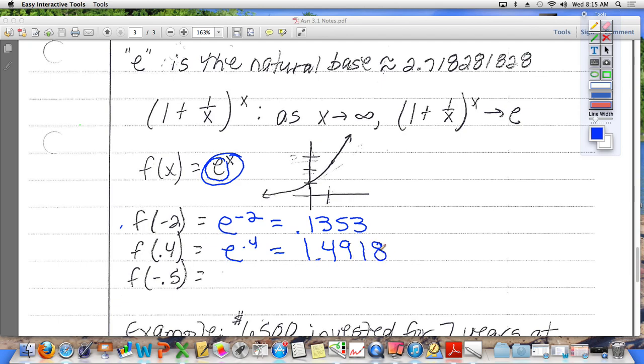And I don't necessarily need you to give me 4 numbers after the decimal all the time. If you give me 2 or 3, I'm fine with that. f of negative 0.5 just means you put e to the negative 0.5 power. What do you get? 0.606. All right, thank you. So, probably not a big deal. All you're doing is pressing second ln and then raising it to a power.